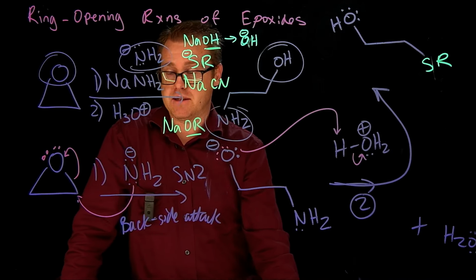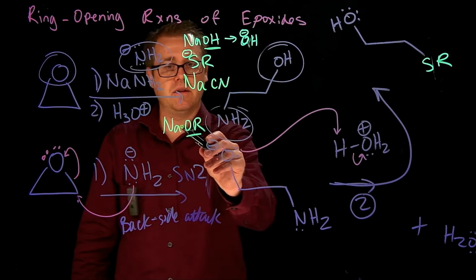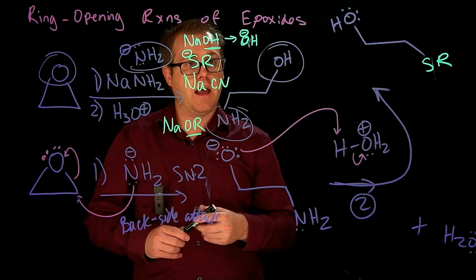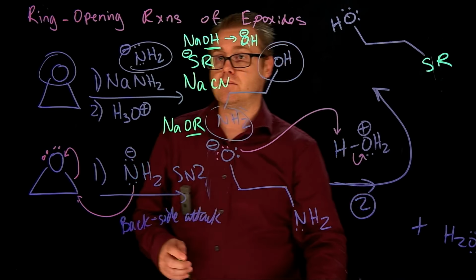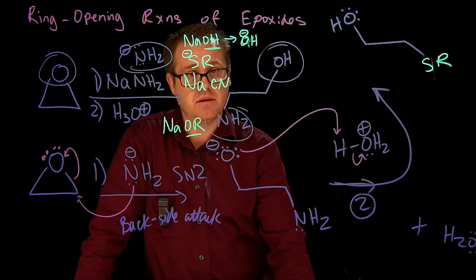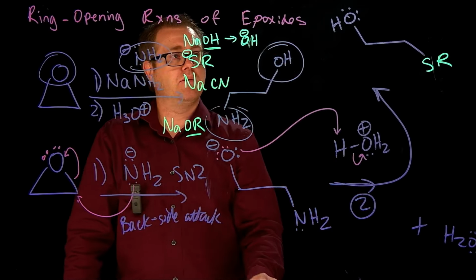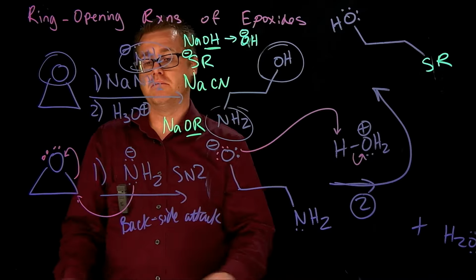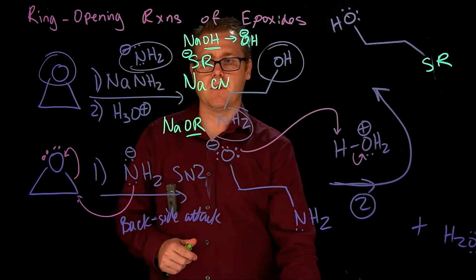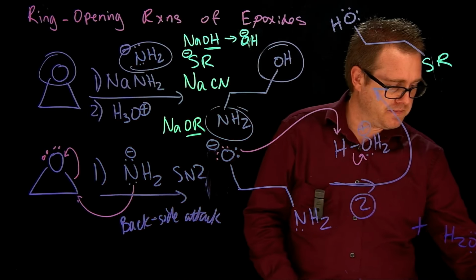Another interesting one that's a little bit different than these that I just drew is a Grignard and a lithium aluminum hydride. So maybe we should clean this up here.